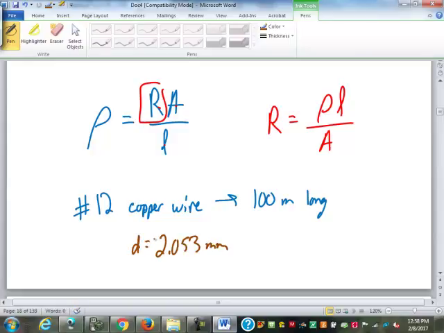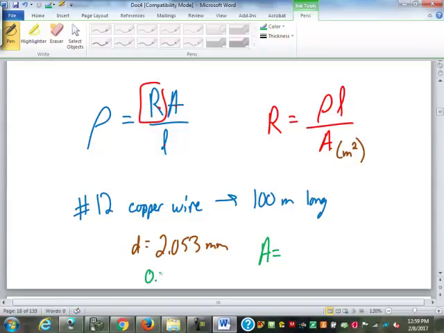Top of page 280, the resistivity is given in ohm meters. That's ohms times meter, which means the length has to be in meters and the area has to be in meters squared. So to find the cross-sectional area of this wire, we would convert from millimeters to meters.